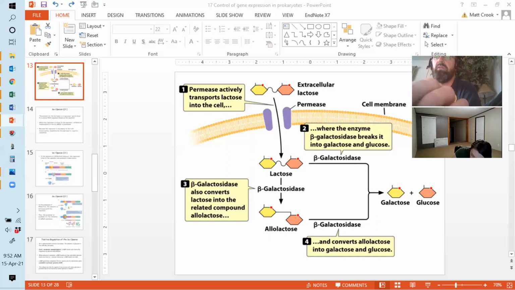High glucose equals low. And everything in between as well, right? It's not a binary deal. It's a teeter-totter, right? Medium levels of glucose equals medium levels of cyclic AMP, for example.